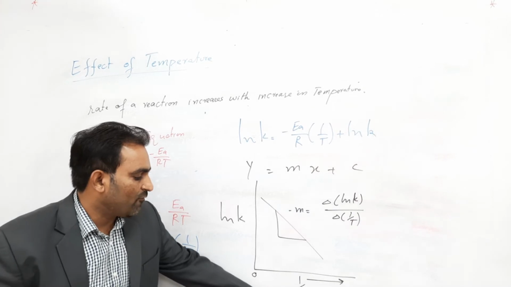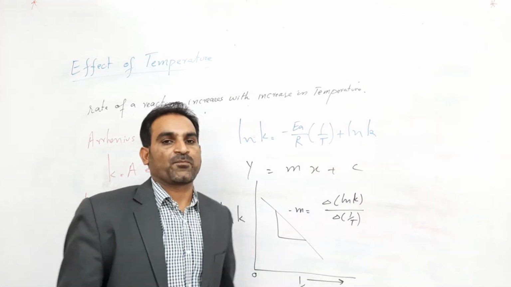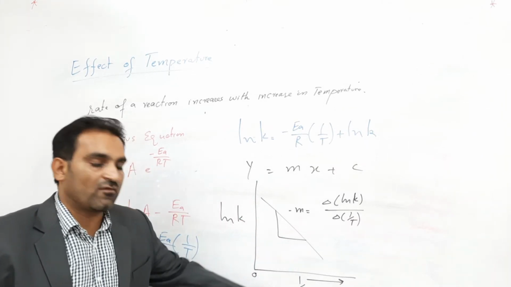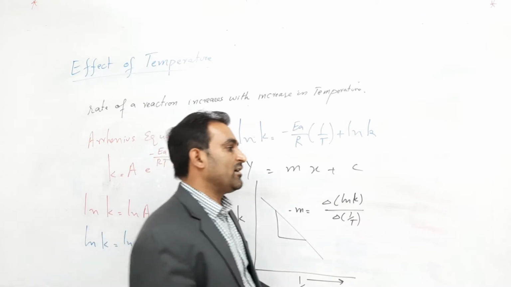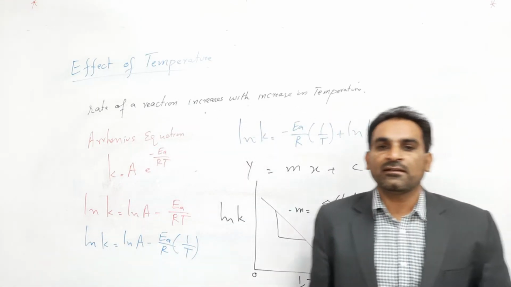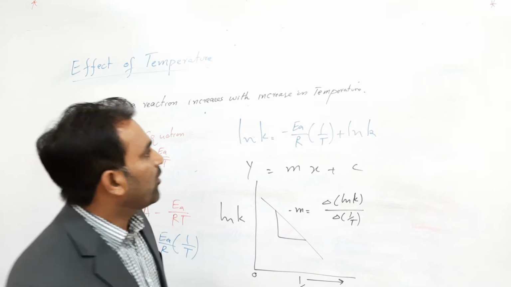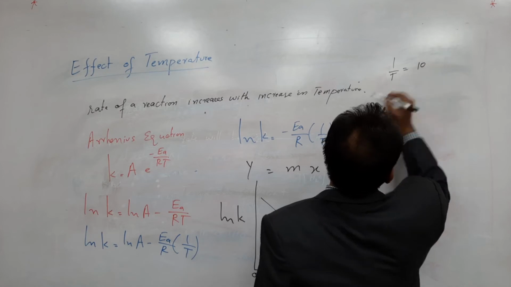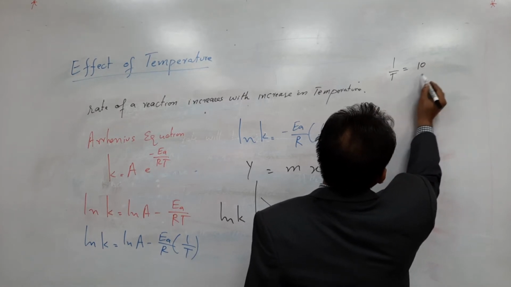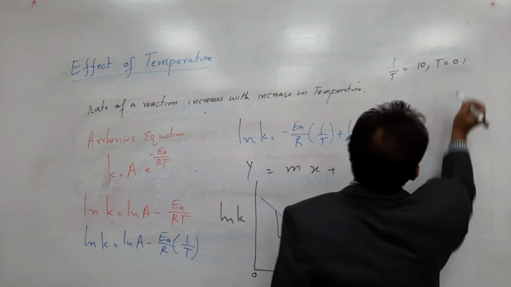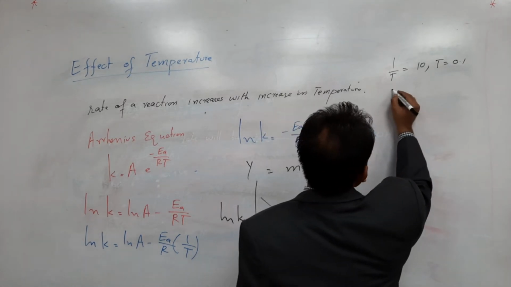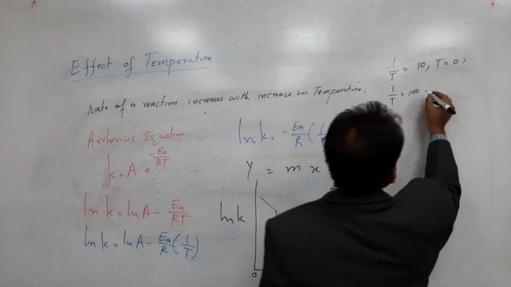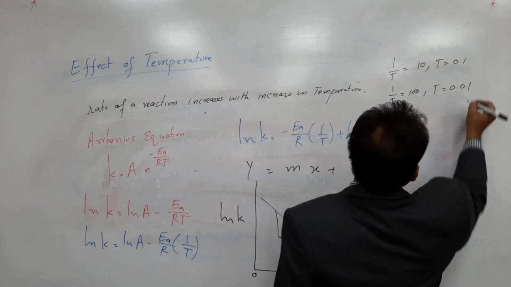Now you can see here that from 0 to higher value, the value of 1 over T is increasing and rate is decreasing. The increase in 1 over T means decrease in temperature. How? Suppose you have 1 over T equal to 10, then T will be equal to 0.1. If 1 over T is equal to 100, T will be equal to 0.01.